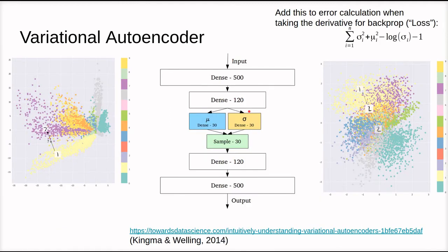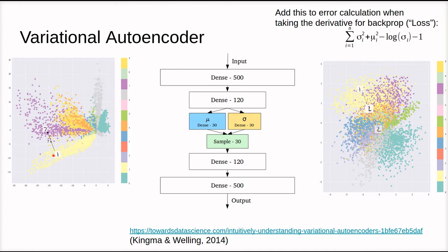Now, there is a catch with autoencoders. On the left, we're seeing a graph of the MNIST handwritten digits, projected into the latent space, the compressed representation of the autoencoder. If we wanted to generate candidate or imaginary digits, we could just pick a point in this latent space, and the decoder can produce something from there. But notice these different colors represent data in the latent space.